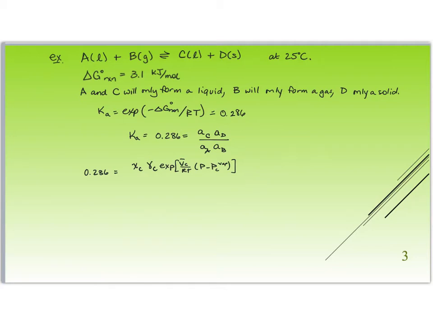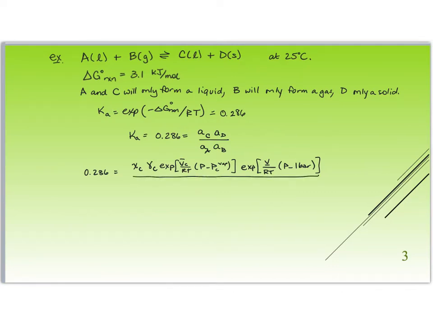And D is a solid. For that, it's 1 times the exponential of a very similar looking term. But remember, for solids, we use the pure molar volume. And the vapor pressure doesn't really make sense, so 1 bar is the pressure there.